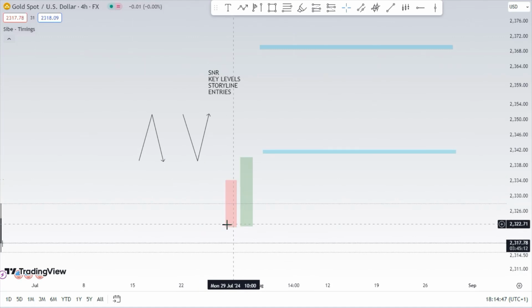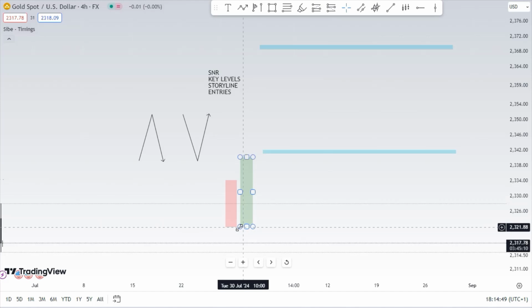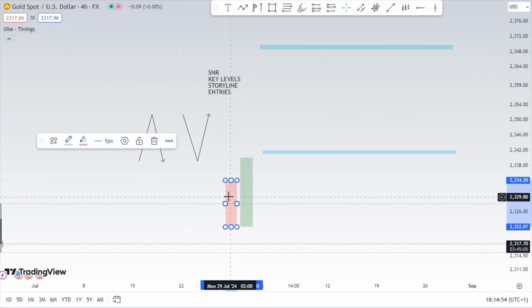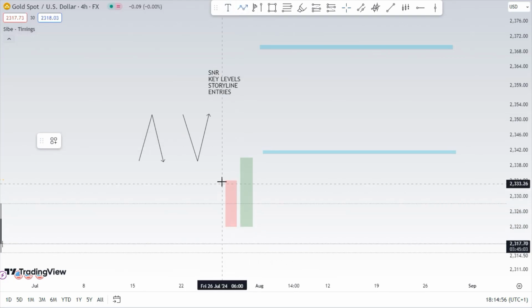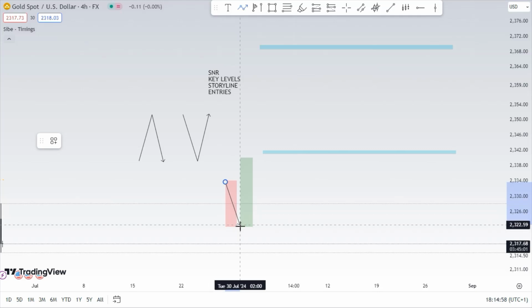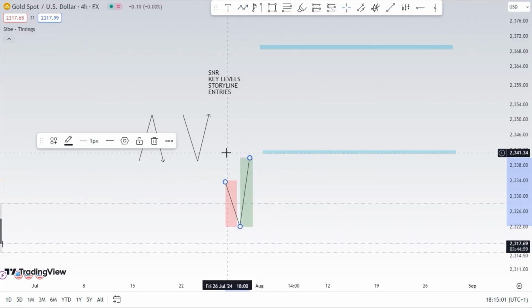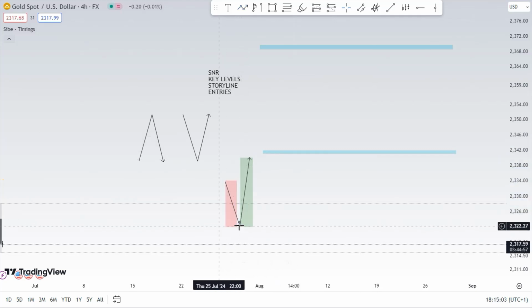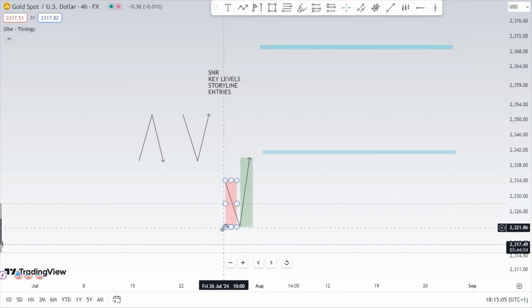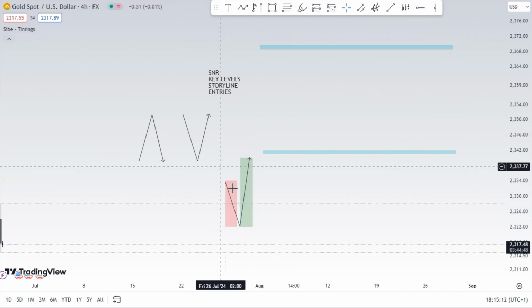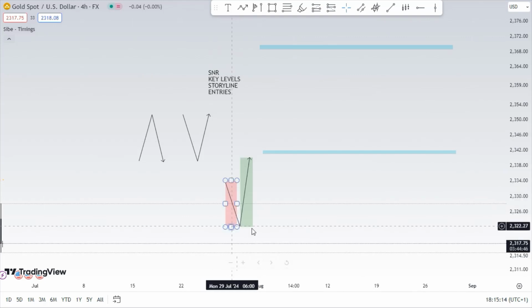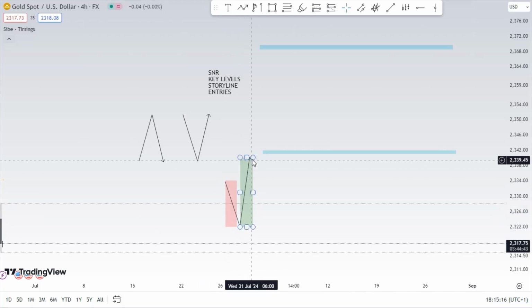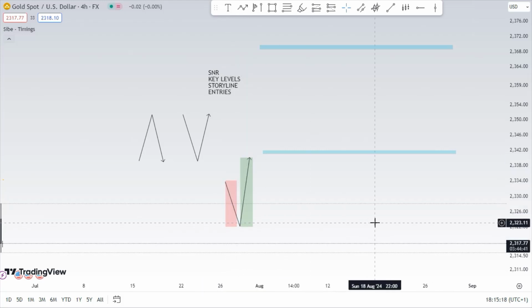The fact that we have the closing price here and then the opening price of this literally at the same area, if we look on the line chart, it's going to give us something like this. Price came down and then went up. So this area, which is the close of the first candle, is what gives us the level. The closing price of this first candle, which was the first down candle, is what gives us our V. So this is going to be our support level.